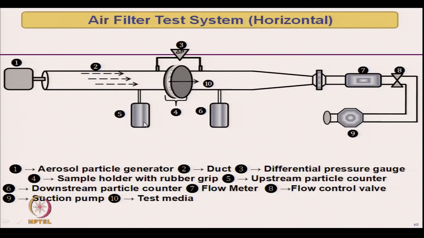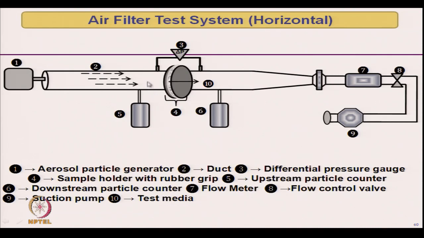This is another equipment which is horizontal orientation. The rest of the mechanisms are the same. Here, one is the aerosol particle generator. The generator will generate the aerosol particles, and these particles along with the air will flow through this duct.